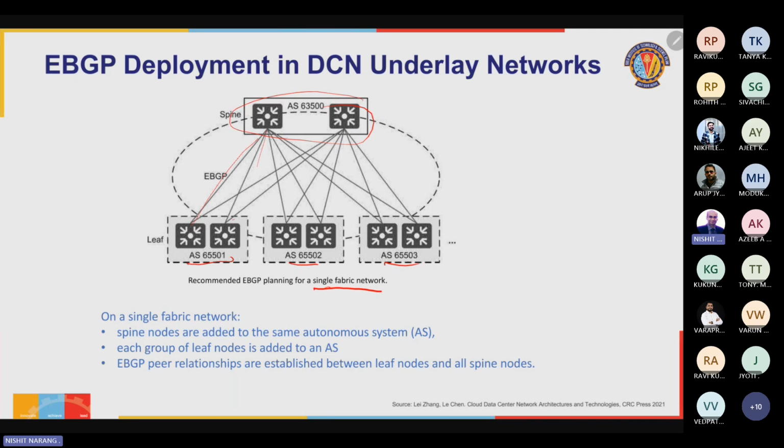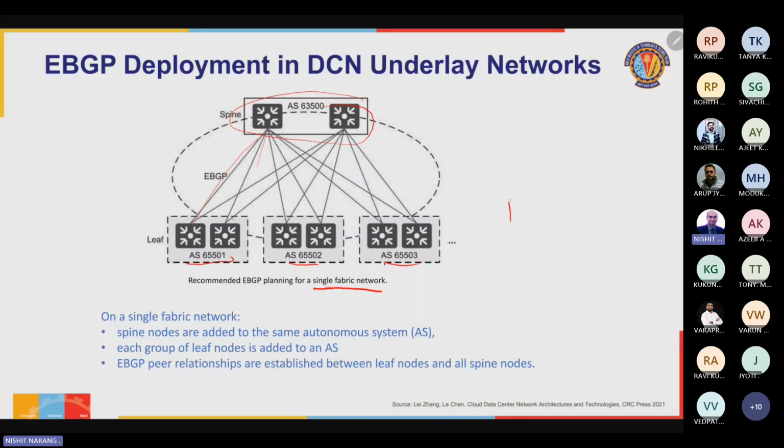So a group of leaf nodes have been added to an autonomous system. Spine nodes have been added to an autonomous system. I have set up those eBGP sessions, peer-to-peer relationships between the switches in these autonomous systems to use eBGP for information exchange. So what do they exchange? They exchange more path information.